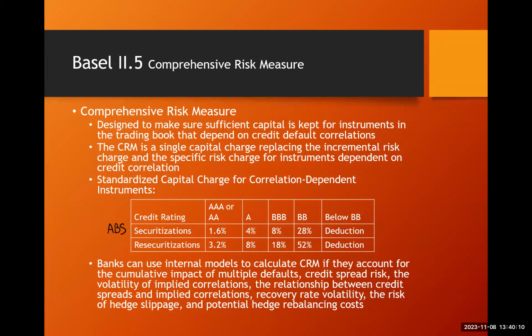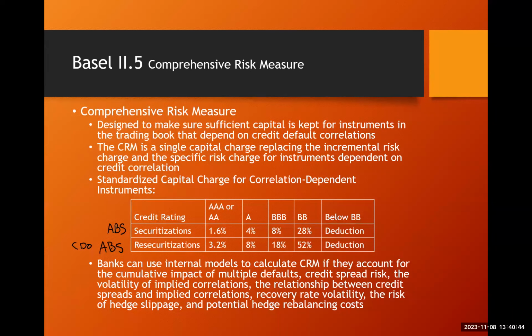That's just when you take a mortgage, package them all together, and then sell it to investors. And then a re-securitization is when you take those ABSs and create a security out of those ABSs. So that is, for example, like a collateralized debt obligation on asset-backed security. And you have these percentages attached to them. So those are the three main changes with Basel 2.5.